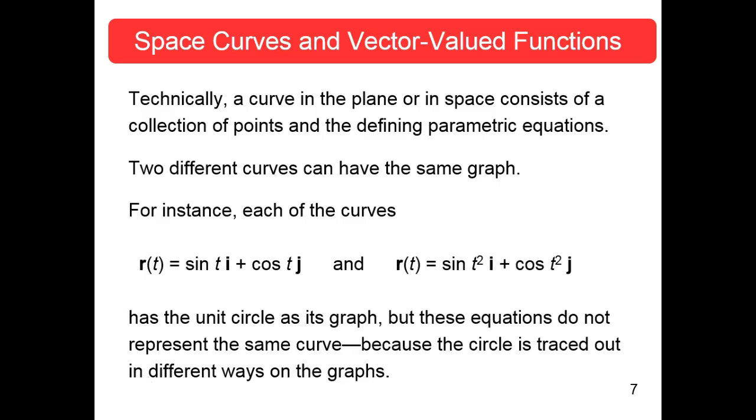For instance, consider these curves: r of t equals sine t i plus cosine t j, and r of t equals sine of t squared i plus cosine of t squared j. So that's not sine squared, it's sine of t squared. They both draw the unit circle.